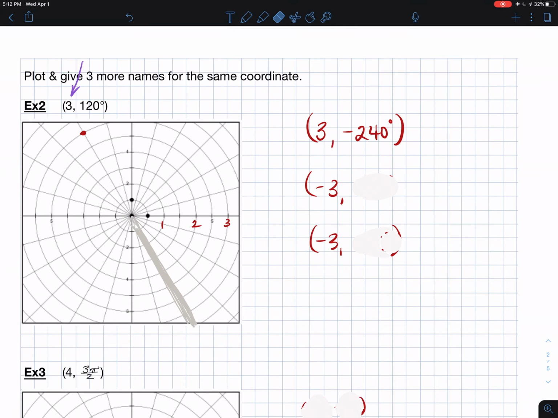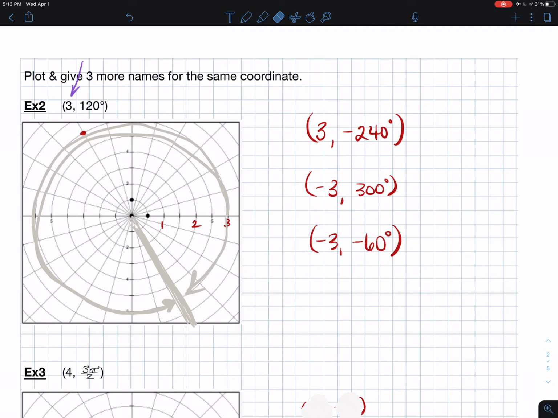I can either get there by using a positive angle, or I can get there by using a negative angle. What's the positive angle to get to the backdoor spoke? Well, we know that the positive angle there is going to be 300 degrees. The negative angle, I just erased it, the negative angle is going to be negative 60 degrees.